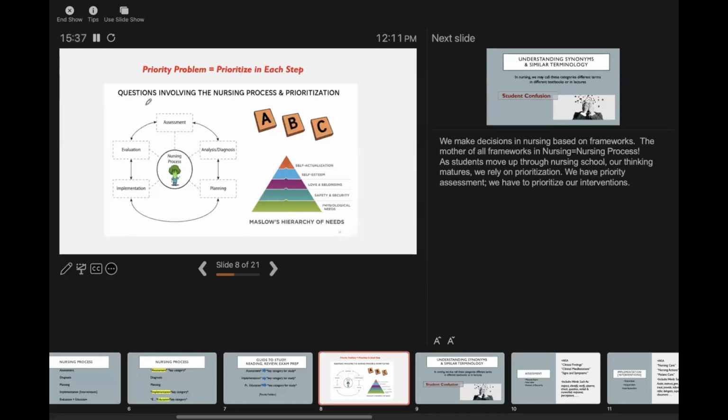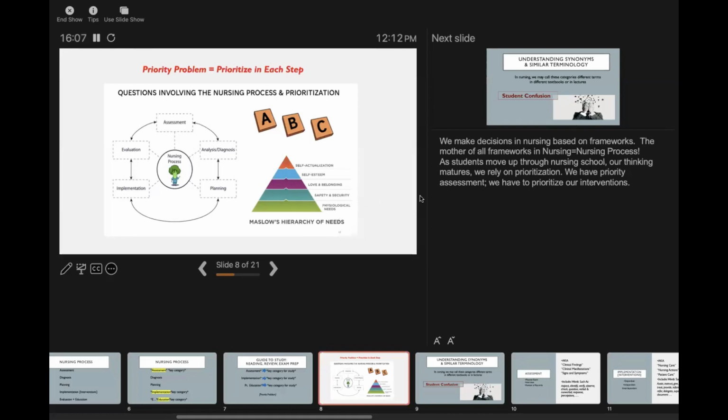So this is why I say, as you mature, as critical thinking develops, you realize we're prioritizing in every stage of that. Whether it be that we're prioritizing with Maslow's hierarchy of needs, right? Physical needs on the bottom, then safety and security, love and belonging. If we don't have our first physiological needs taken care of, we can't address anything higher up the chain, right?